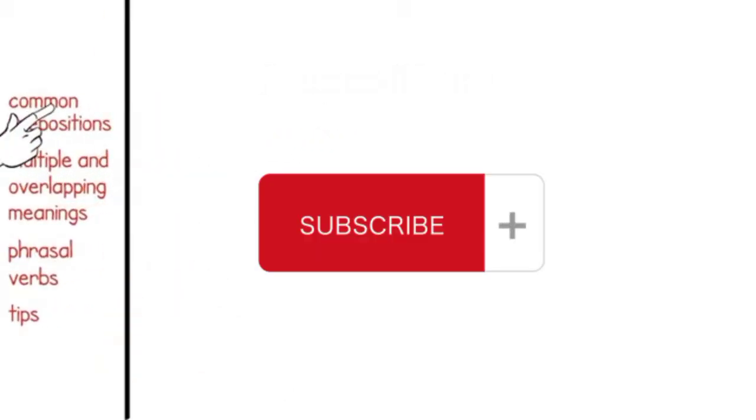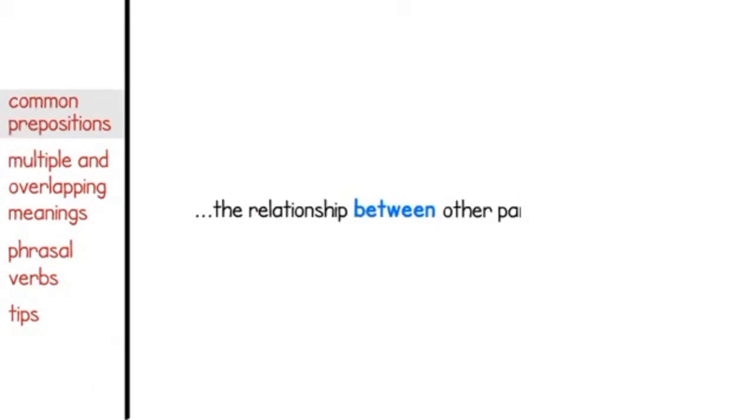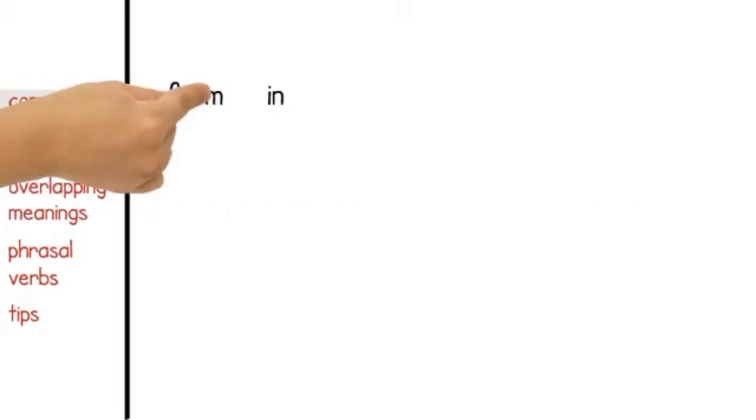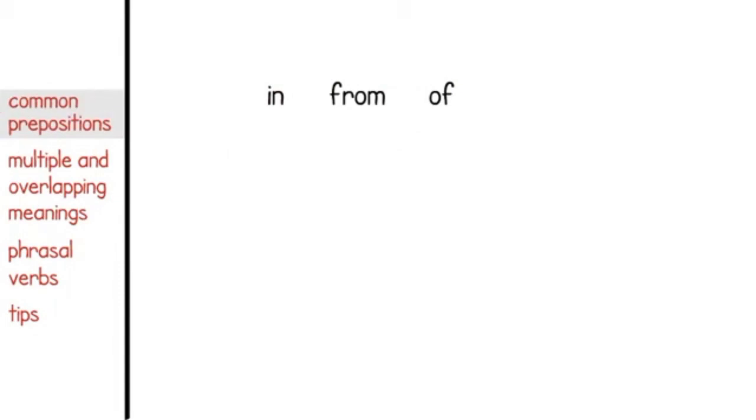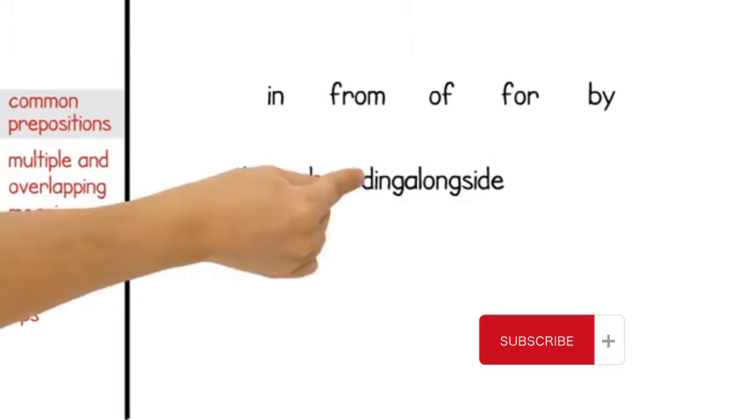Prepositions are words that show the relationship between other parts of a sentence. As you probably know, prepositions are words like in, from, of, for, and by. They are usually short words, but there are a few longer ones, such as throughout, alongside, and regarding.